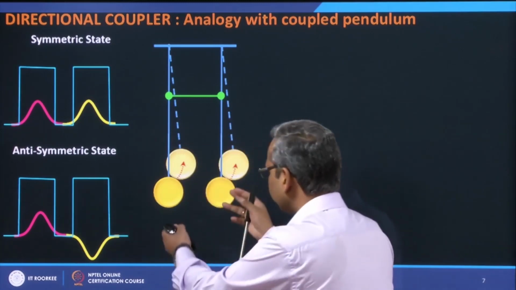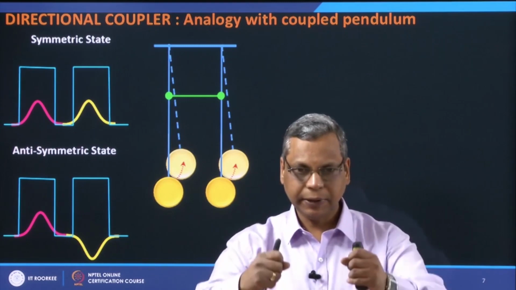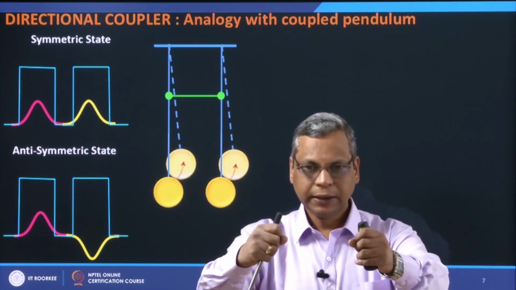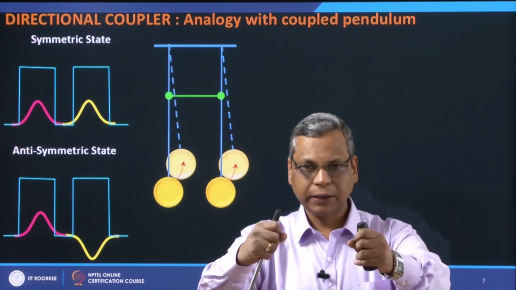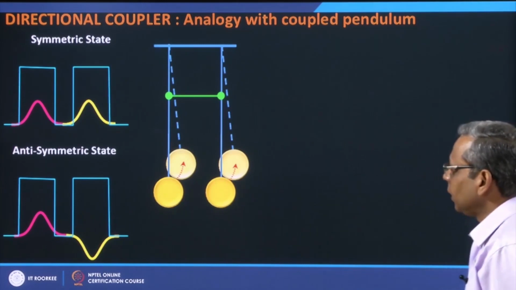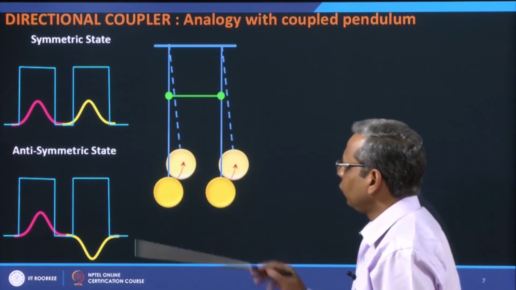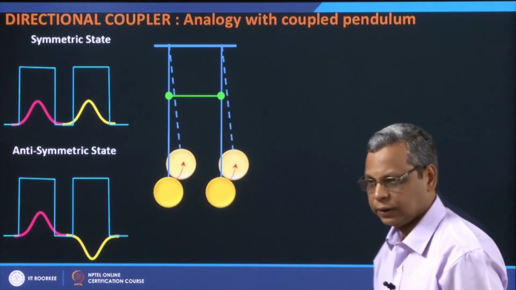So, this is the mode of the system, and since both of them are going in the same direction simultaneously, they are moving together, then it is symmetric state equivalent to symmetric mode of the directional coupler.